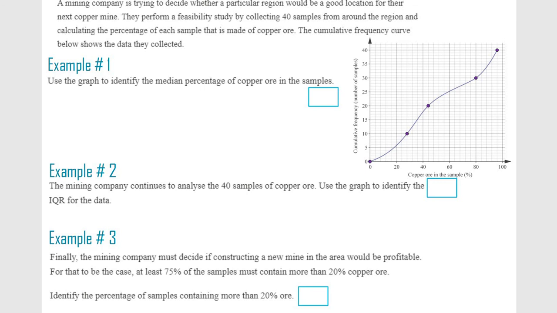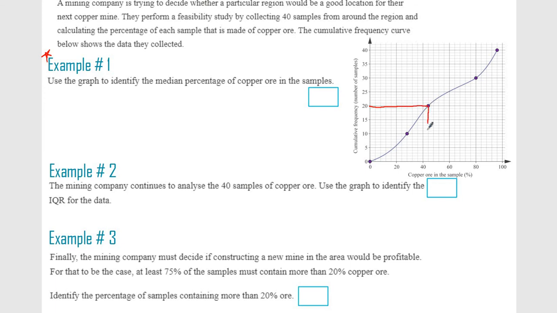Take a second to read this. For the first example, we want to find the median percentage of copper ore in the samples. The median percentage comes from the middle sample. We have 40 samples, so where is the middle, the 20th sample? That would be right here.